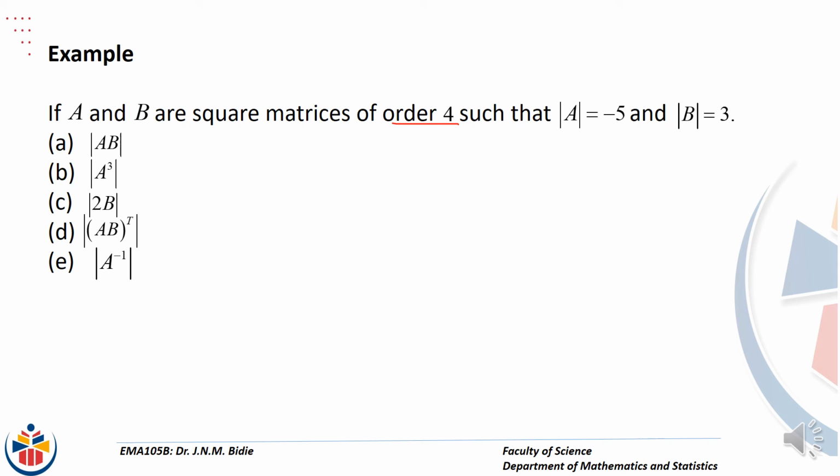And then we know the determinant of a matrix is equal to the determinant of its transpose. Then we substitute. Then E is, we know that the determinant of an inverse matrix is 1 over the determinant of the original matrix.